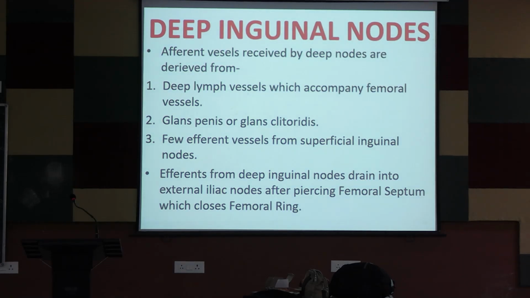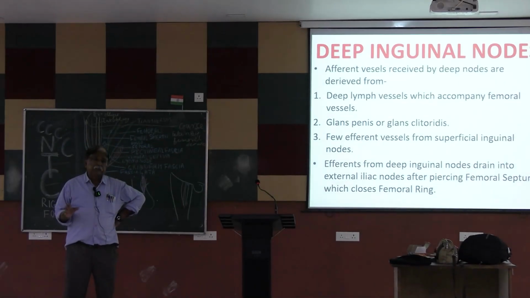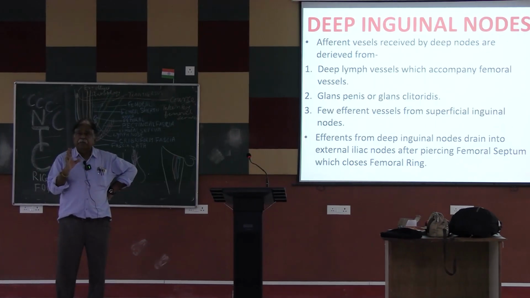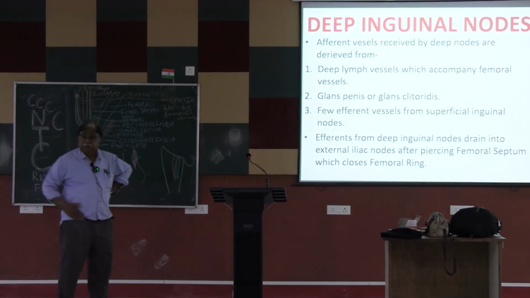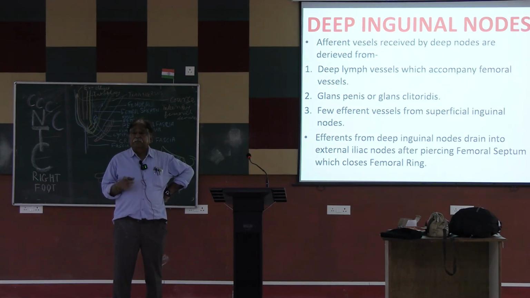Now, you see this glans penis or glans clitoris that sometimes presents as a malignancy. Please observe accordingly, feel the lymph nodes, and if it is a carcinoma of the penis, it does not spread early.